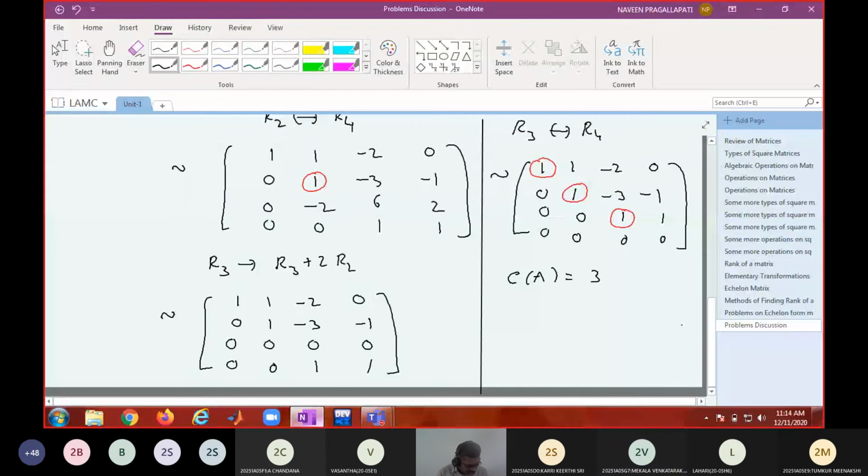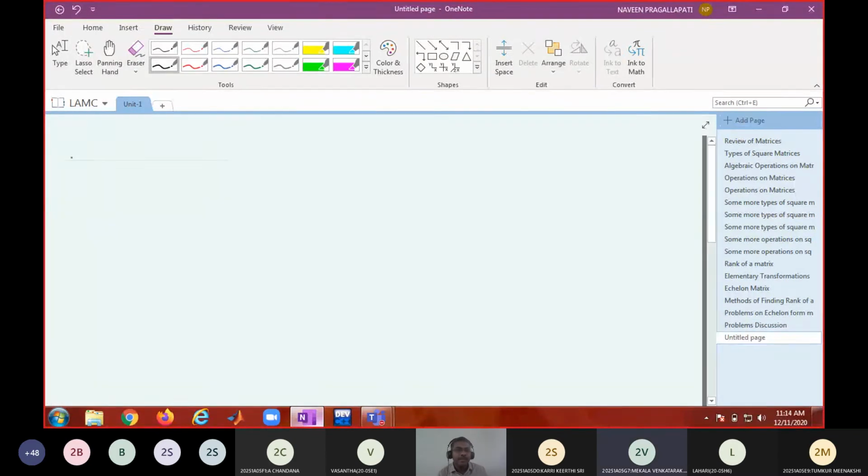To make sure you are doing it correctly, let me give one more problem. I hope all of you will do it correctly now. Problem number 4. Let me make a partition here itself.